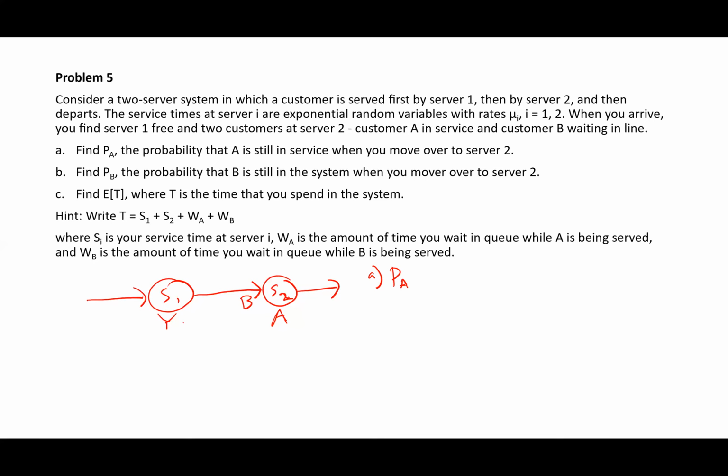I have to finish before A, right? As soon as I'm done in server 1 before A is done with server 2, I would simply then walk over, okay, and I would actually line up right behind B. And that's really the only case in which I will be waiting for A to finish at server 2.